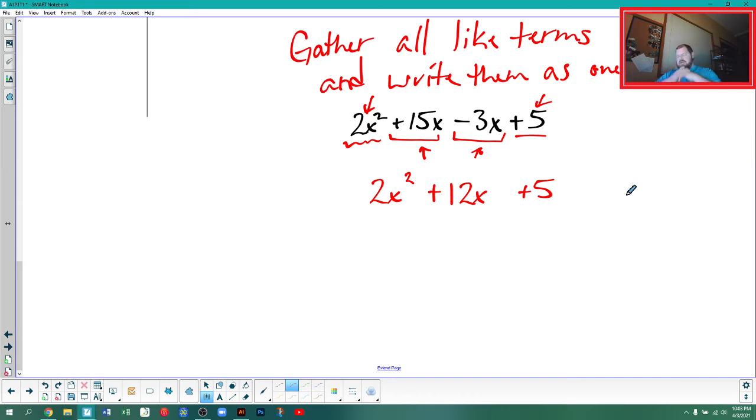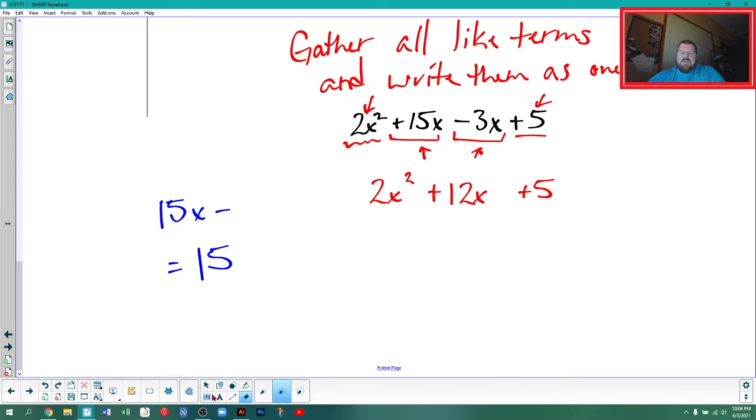You'll hear me ask the question often: if we have 15x and we take away 3 of those x's, how many x's do we have? The one thing that you want to avoid is this one major pitfall that a lot of students fall into. They might see something like 15x minus x, and they would say, well, that's 15. That's incorrect, because this is 15 x's.